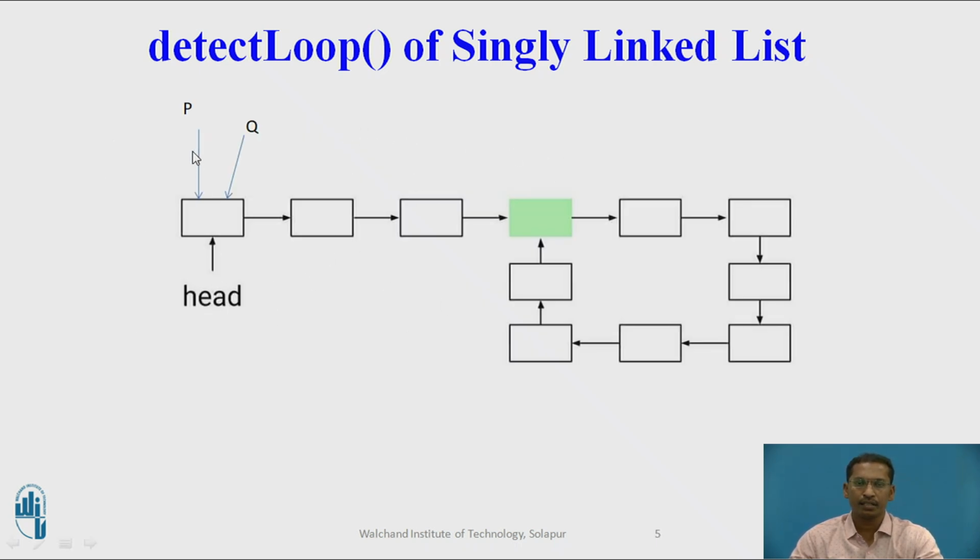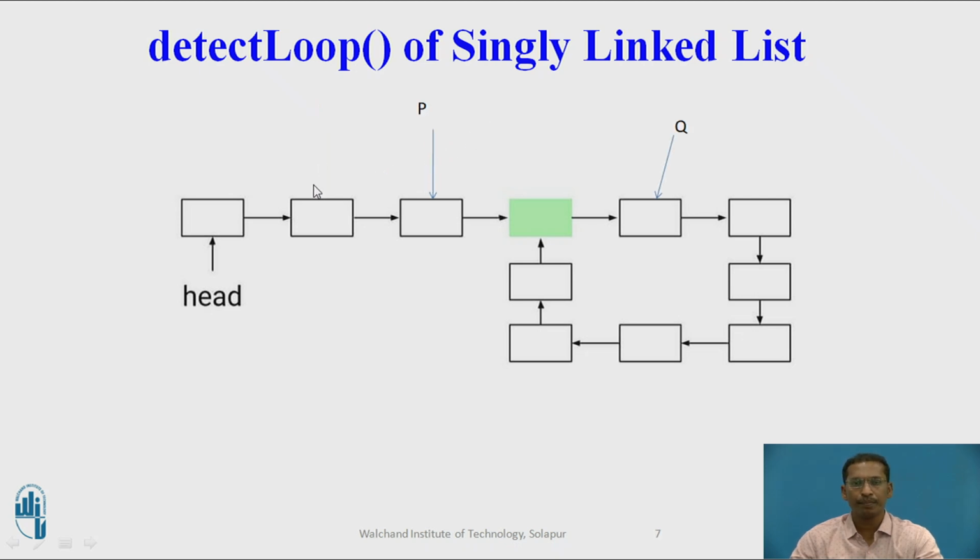Suppose initially there are two pointers, which we call P and Q. Both are pointing to the first node. After the first step, one pointer will go to the next node, and the other pointer will skip one and jump directly to the second node like this. Here P will act as the slow pointer, and Q will act as the fast pointer.